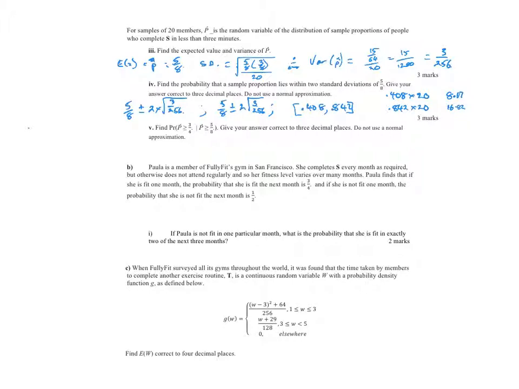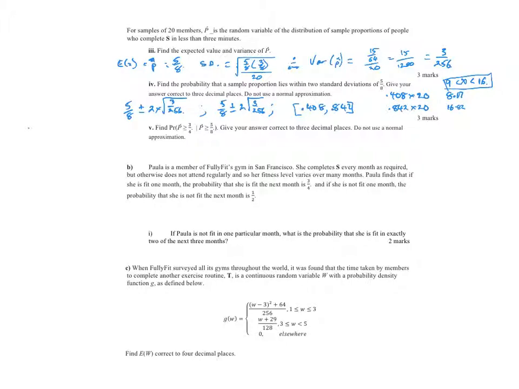So we're saying it's got to be between those two values. So the number of observations has to be greater than, well, it can't be 8 because it's got to be greater than 8.17. So I've got to go greater than 9 and less than 16. So I'm looking for that.